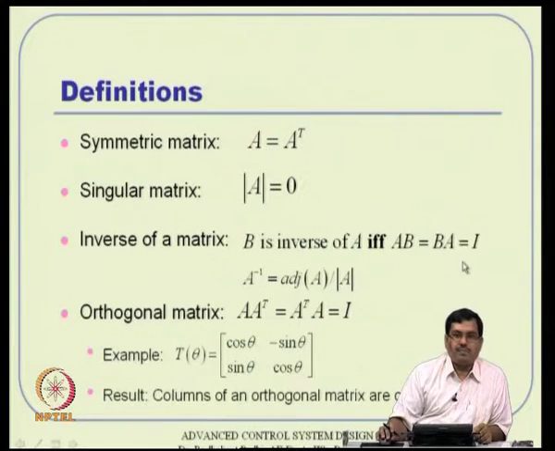The inverse of A is typically given by this formula, but this also has a definition: A B equal to B A equal to I is the definition, and A inverse happens to be adjoint of A by determinant of A. I am very sure you know what the adjoint of A is. You have to find the minors and cofactors and then take the transpose. I think that is known to all of you.